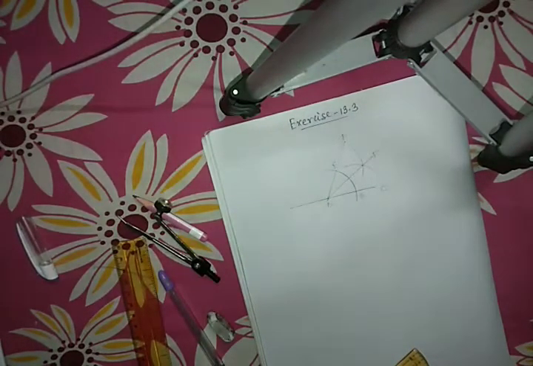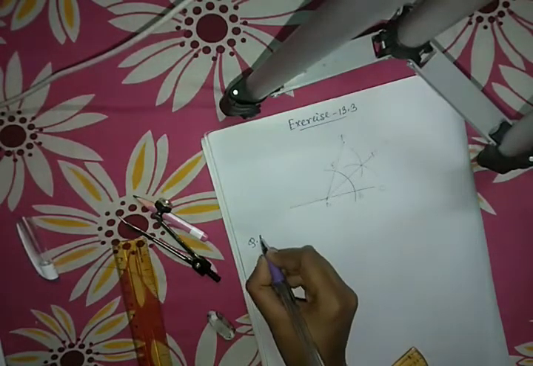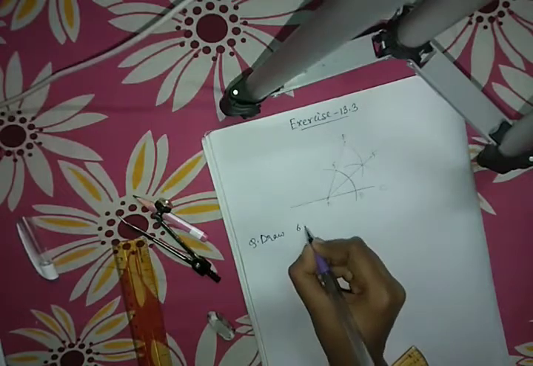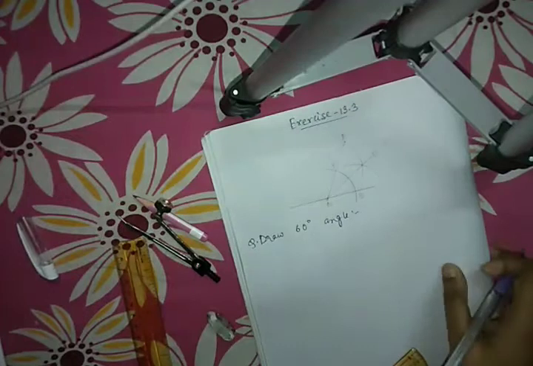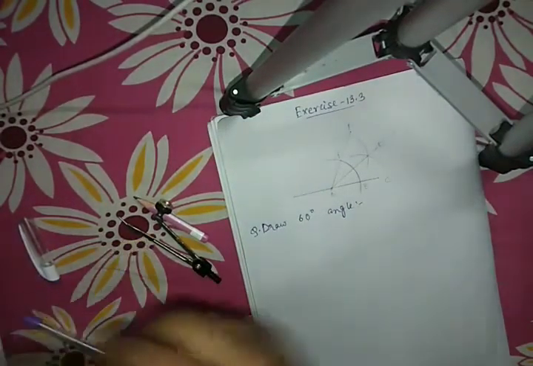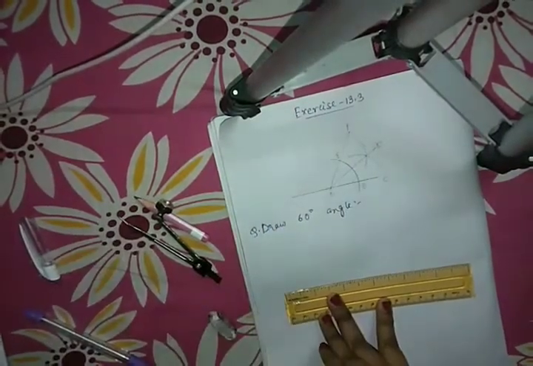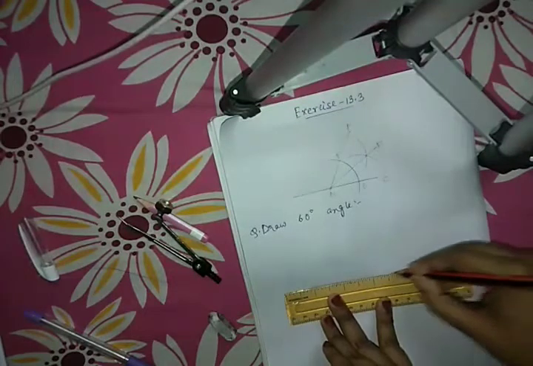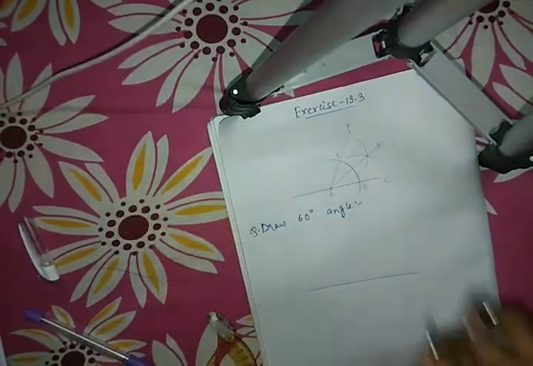Now we will learn how to draw a 60 degree angle. For this, what will we do? We will draw any line. After that, we will take the compass.